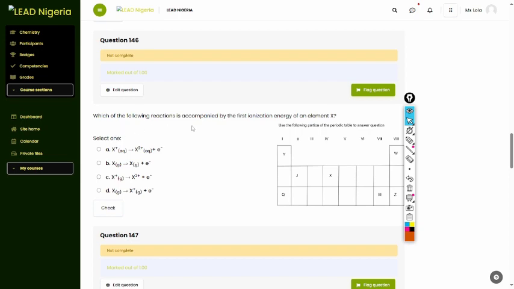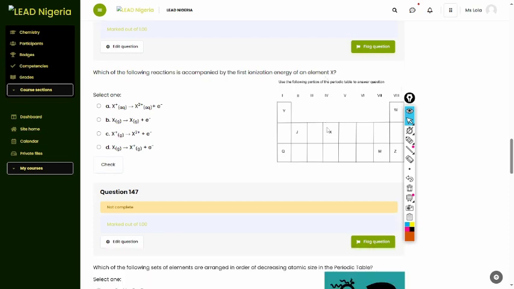Which of the following reactions is accompanied by the first ionization energy of an element X? Okay, so element X belongs to group 4 of the periodic table. The first ionization energy is the energy required to remove the electron from the outermost shell of an atom to form a +1 ion.